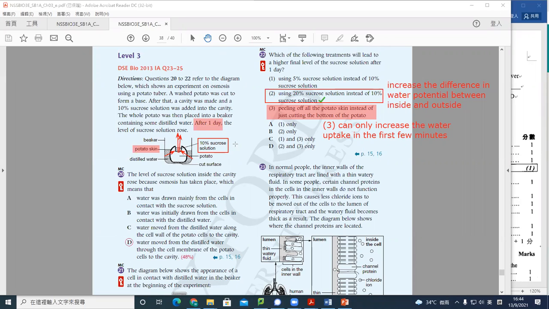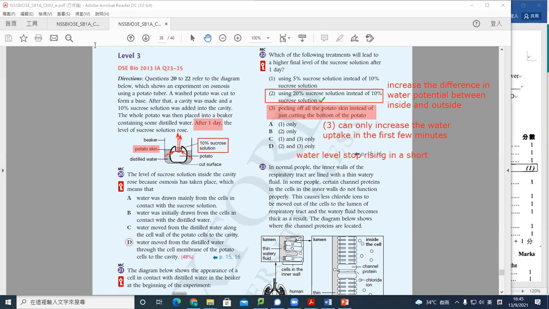So later on, the liquid level will stop rising in a short time.